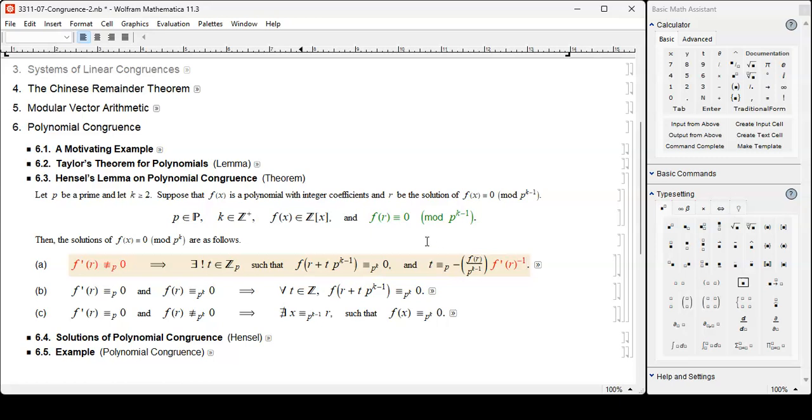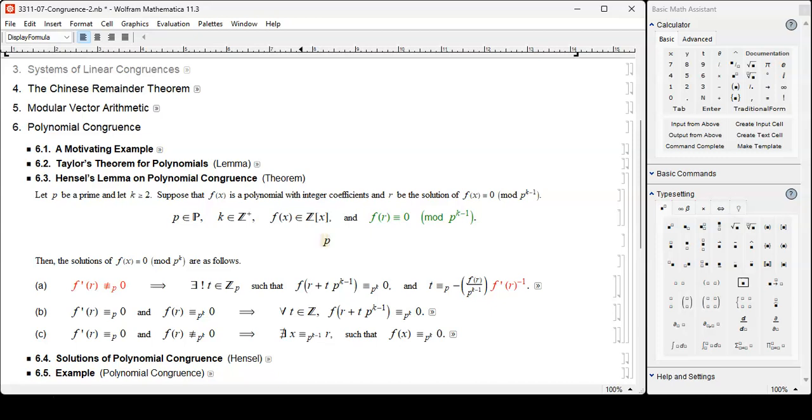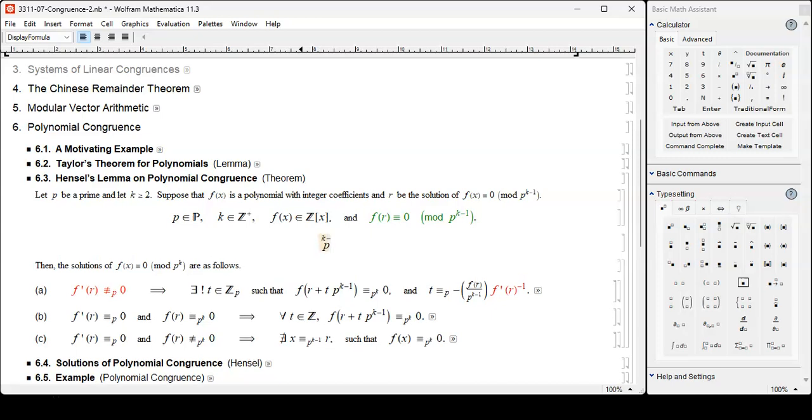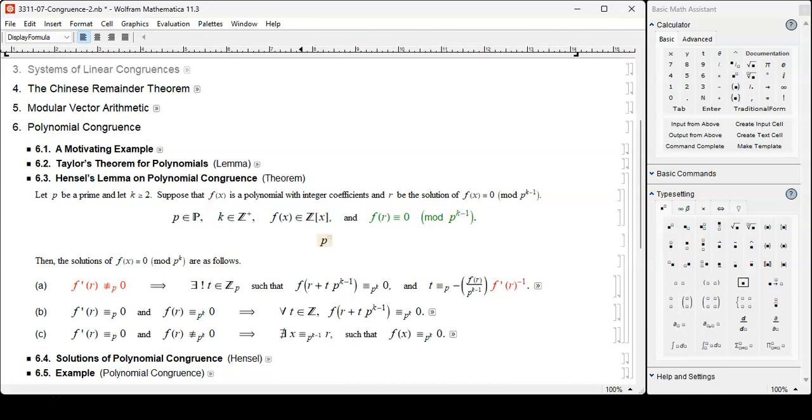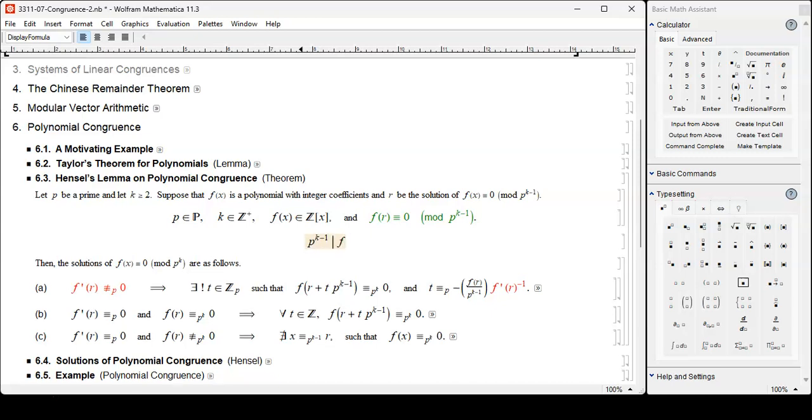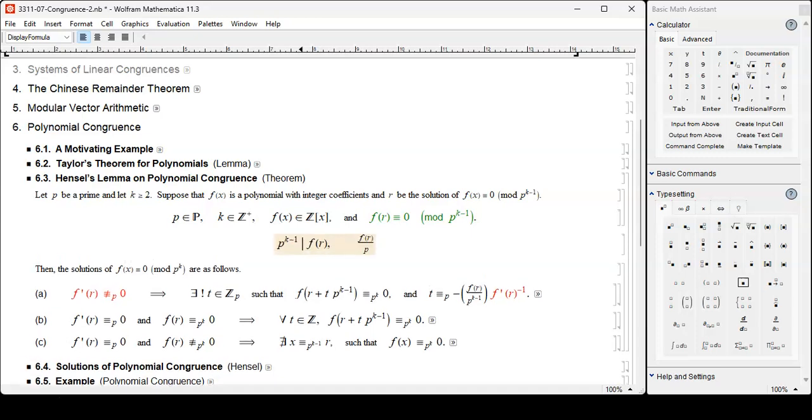And then f of r is congruent to 0 modulo p to the k minus 1. In other words, p to the k minus 1 power divides f of r. That's what this means, right? That means f of r over p to the k minus 1 power is an integer.